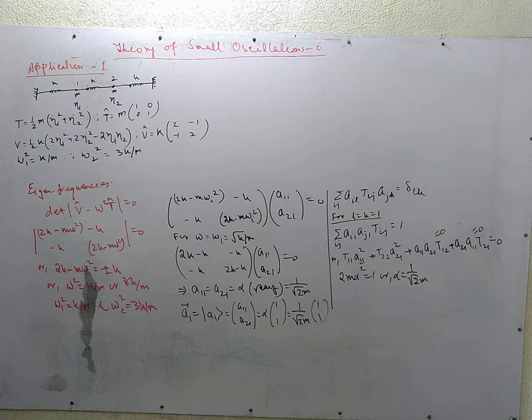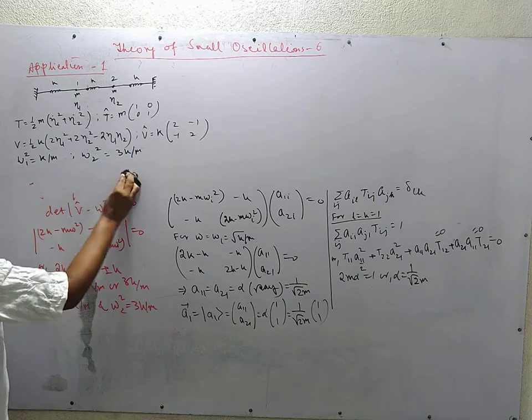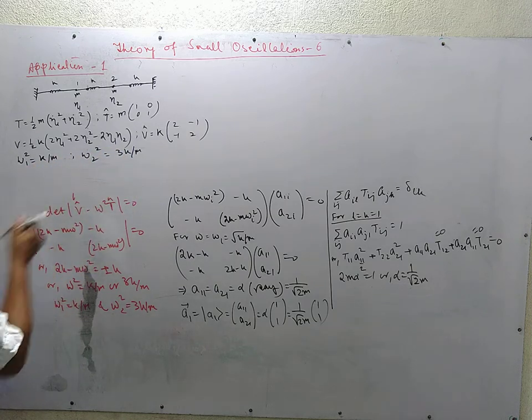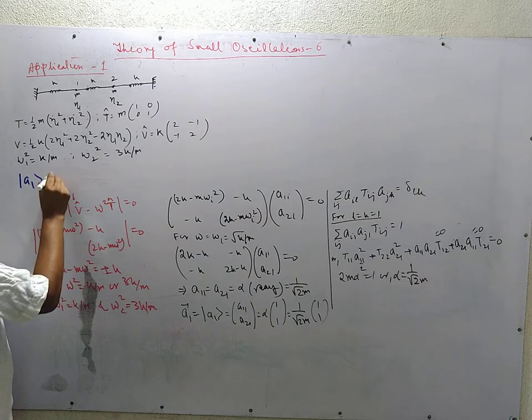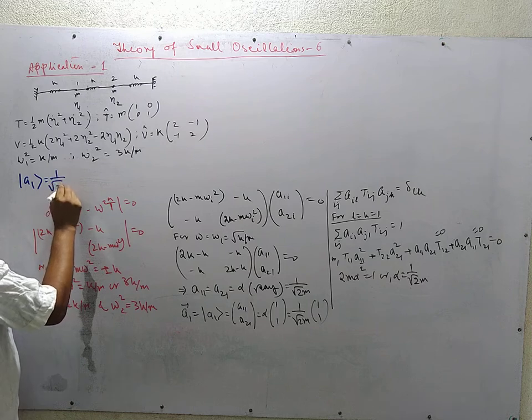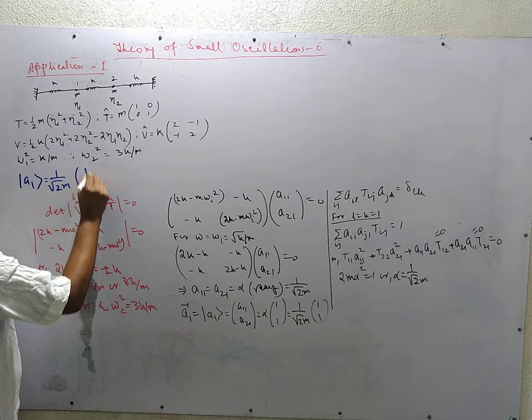So this is one finding. The eigenfrequencies have been recorded. So the first eigenvector a1 is equal to 1 by root 2m times (1, 1).